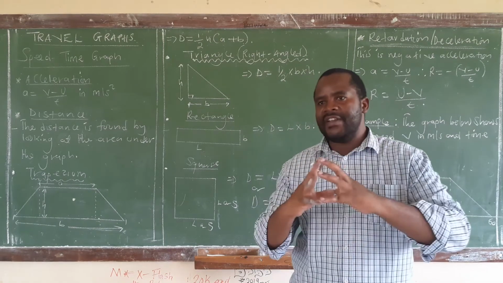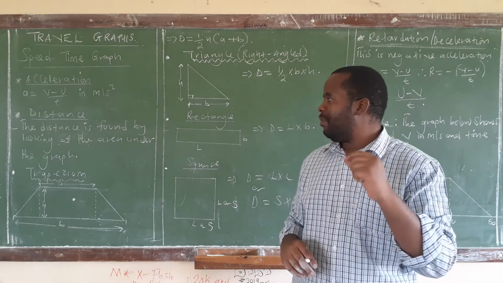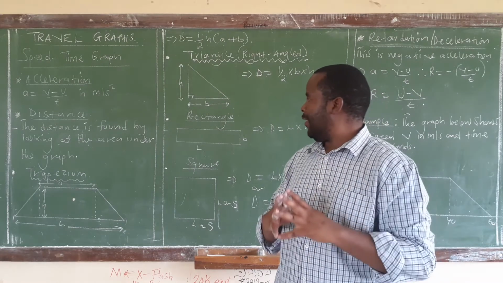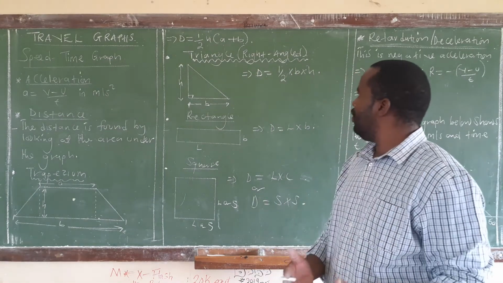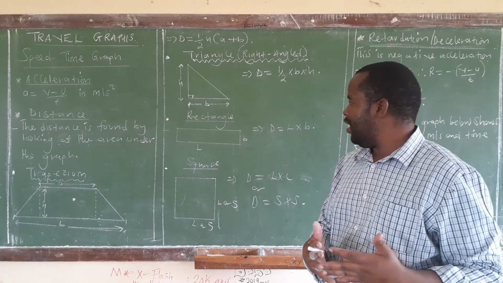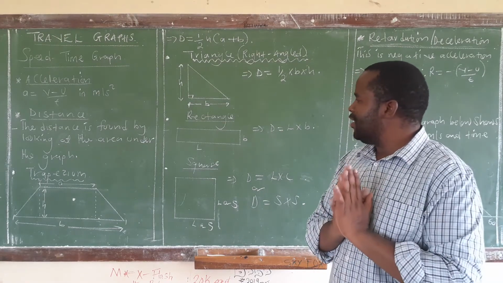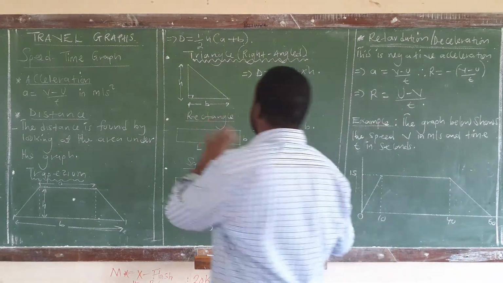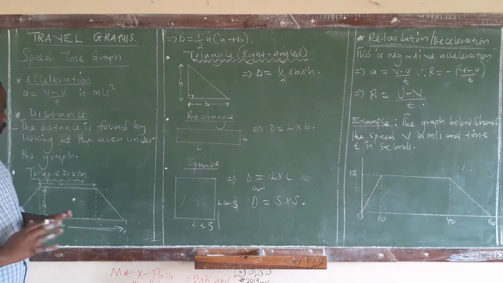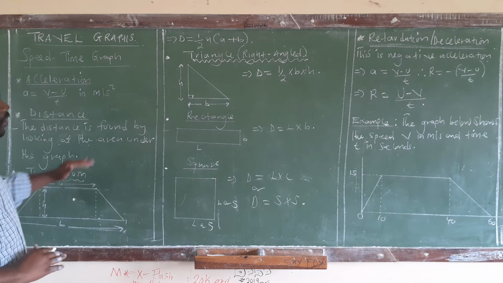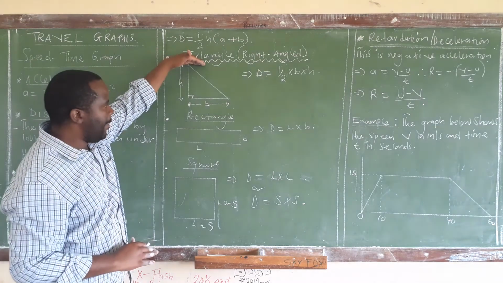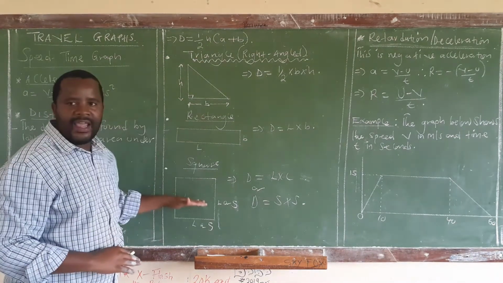So if your graph is in form of a square, you apply the formula for the area of the square. If your graph is in form of a rectangle, you apply the formula for the area of a rectangle. In most cases, these are the expressions that we deal with. These are the graphs that we are going to find. Either a trapezium, a triangle, a rectangle, or a square.